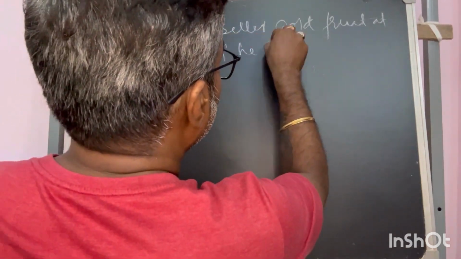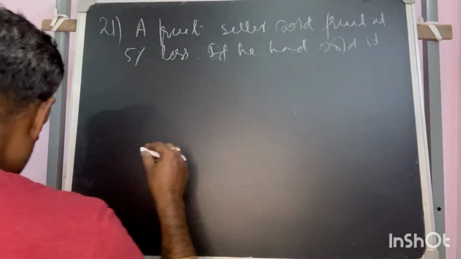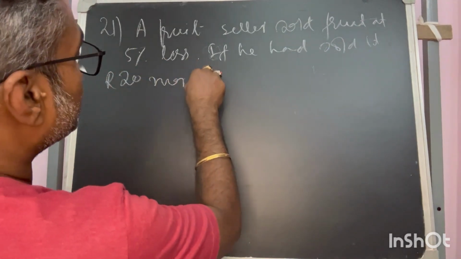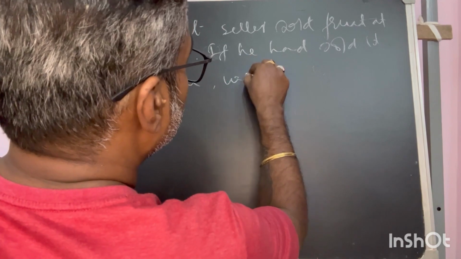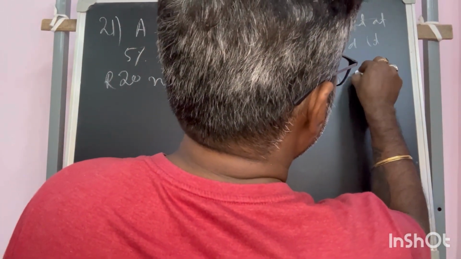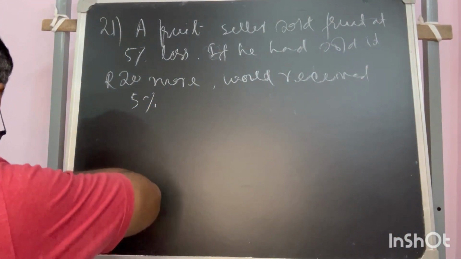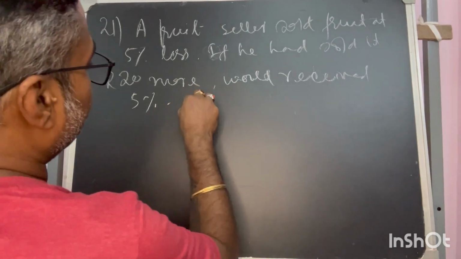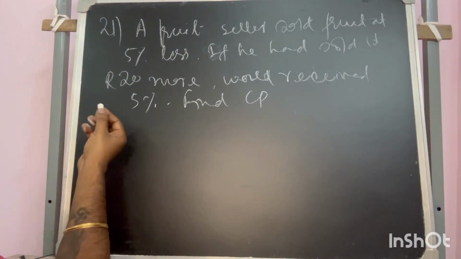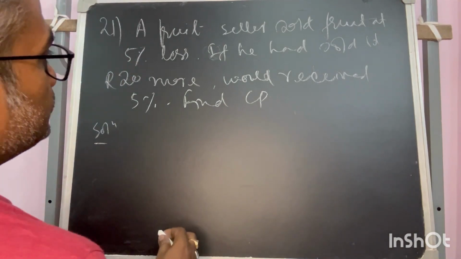If he had sold it for 20 rupees more, he would have received 5% profit. Okay, find CP. So this is very easy, but a little bit twisted.